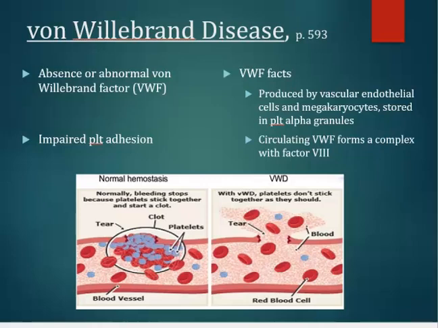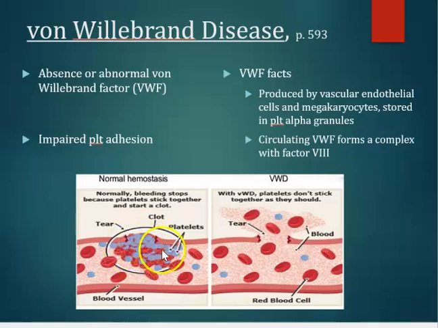They can help facilitate adhesion of platelets to other cells, and they also release a range of chemokines. And circulating von Willebrand factor forms a complex with factor 8. And factor 8 is important with helping your blood to clot. So if you look down here at this image, in normal hemostasis, bleeding is stopped because platelets stick together and a clot is formed.